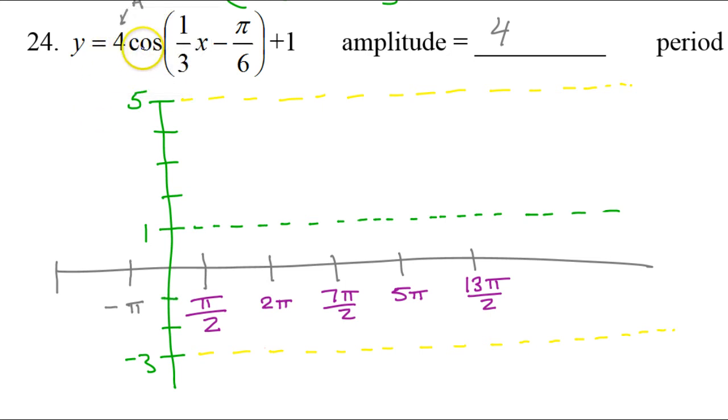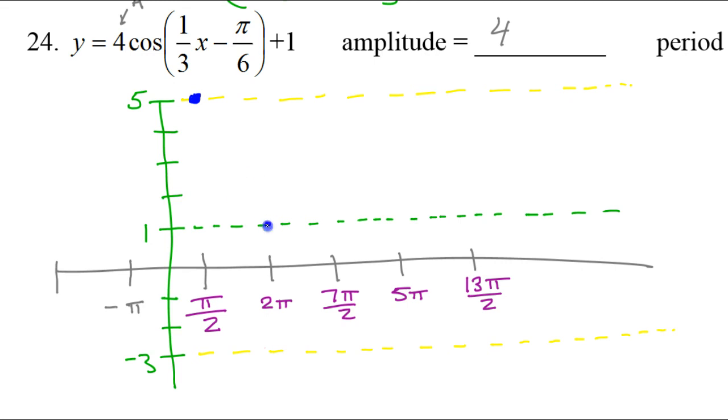So as I go to do my cosine graph, I know that cosine starts off way up high at its maximum value. So remember, pi over 2, that was my phase shift. So I'm not starting on the y-axis, I'm starting at the phase shift, the pi over 2. So cosine will start right here above the pi over 2.